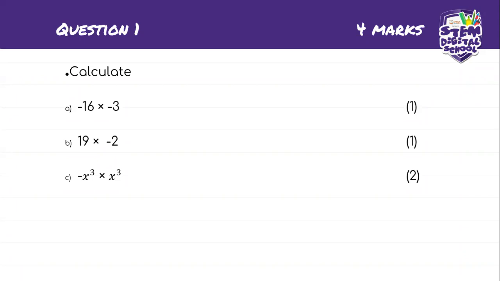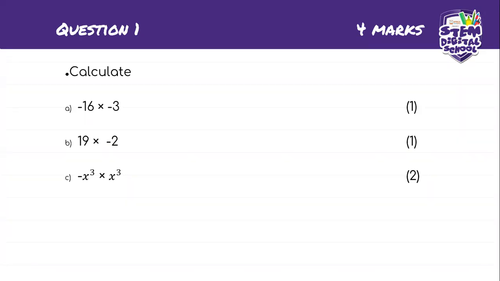Now, can we calculate this product here? Negative 16 multiplied by negative 3. So I just want us to now, okay, Mkaweti says correct. Remember that if you multiply a negative number by a negative number, you get a positive number.